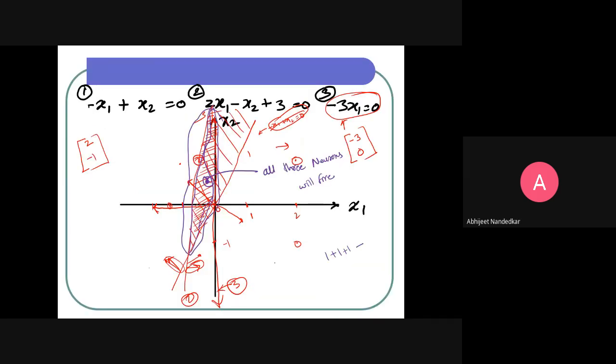Now for any other point, say a point here or here or here, the 3 neurons will not fire at a time, so your output will be negative. So this shaded region is class 1, and the rest of the plane is class 2, where the output is minus 1 and here the output is plus 1.